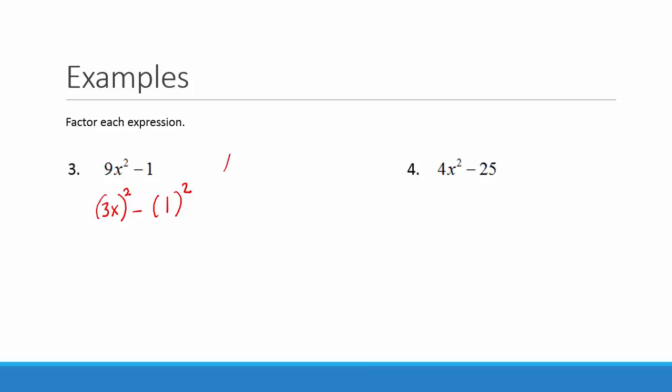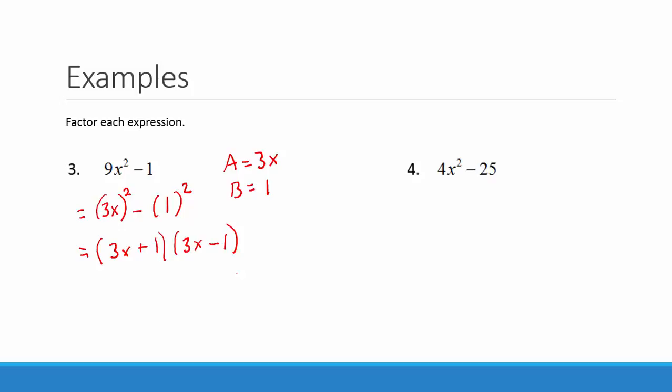So I want you to see that our a for our formula for a difference of squares is 3x, and b from our formula for difference of squares is 1. So we can follow our formula and add a and b, 3x plus 1, and subtract a and b, 3x minus 1. This is the factored form of 9x squared minus 1.